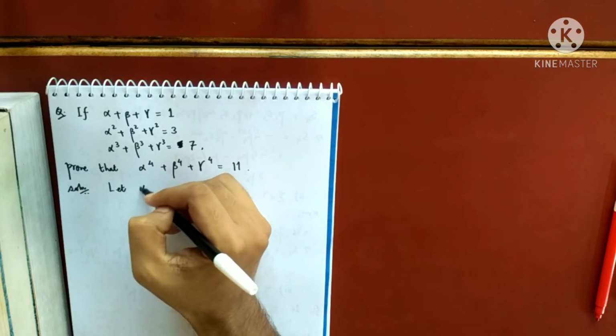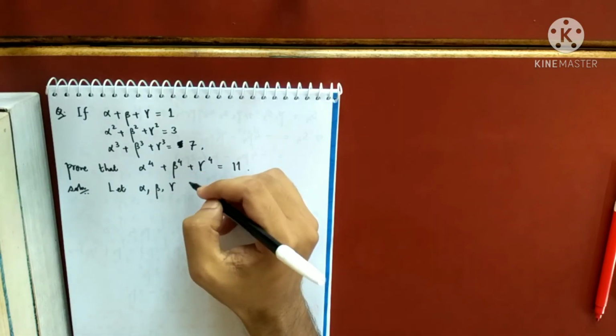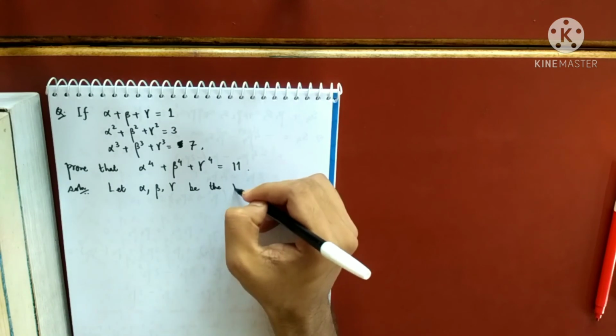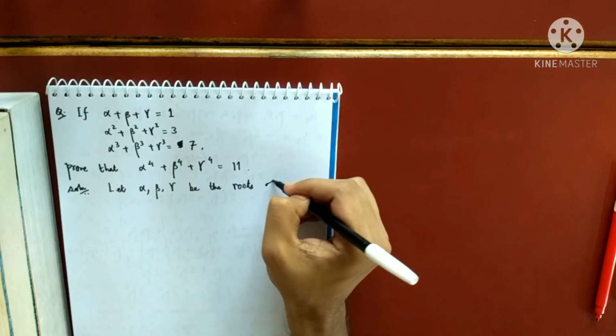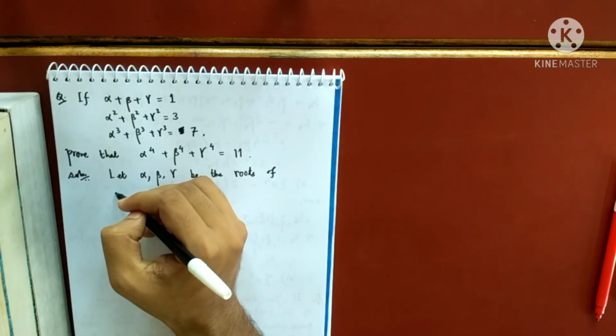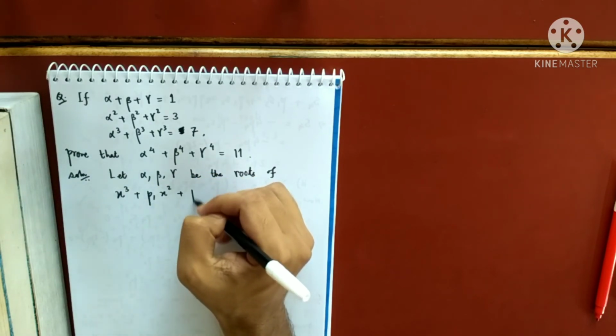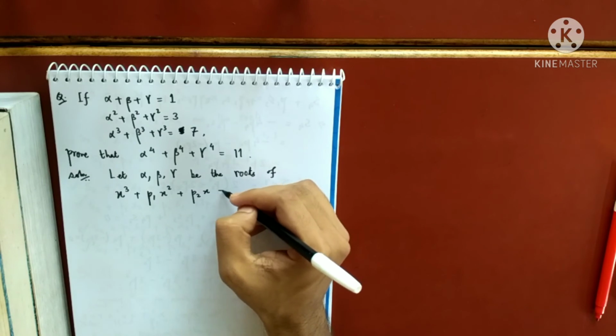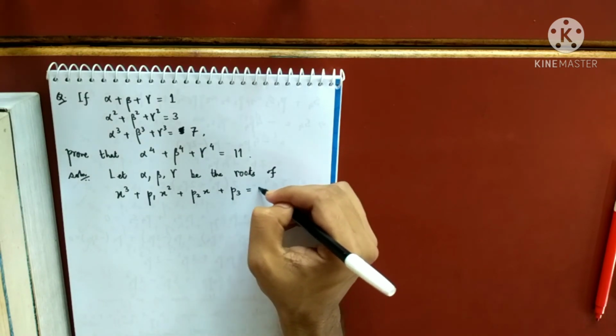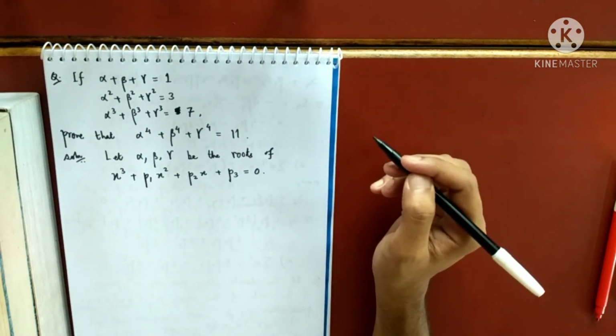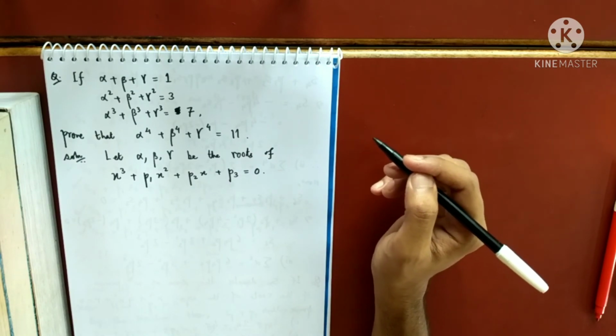Let alpha, beta, gamma be the roots of this equation: x cube plus P1 x square plus P2 x plus P3 equals to 0. See, this P1, P2, P3 is not known to us.